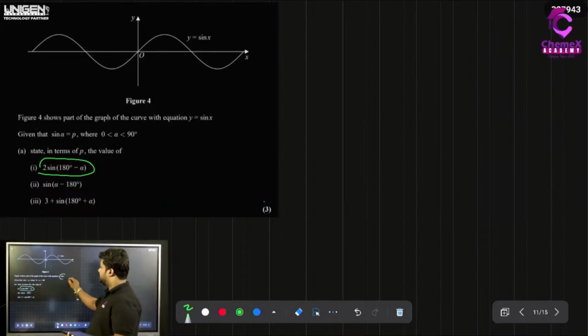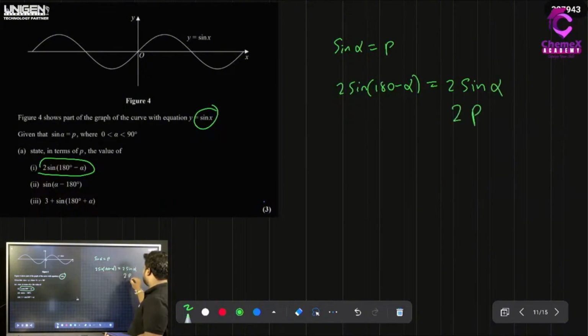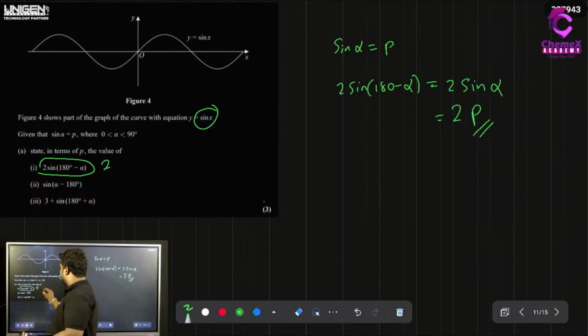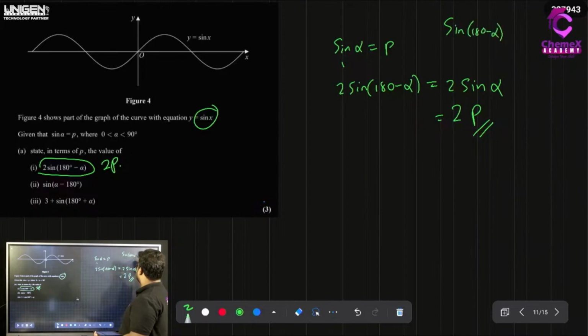Sine theta is P. So sine alpha is P. Therefore you know that 2 sine alpha is also equal to 2 sine, so 2 times P. That can be written as 2P. That's a notation you need to know. Sine of 180 minus alpha equals sine alpha. That's a rule.